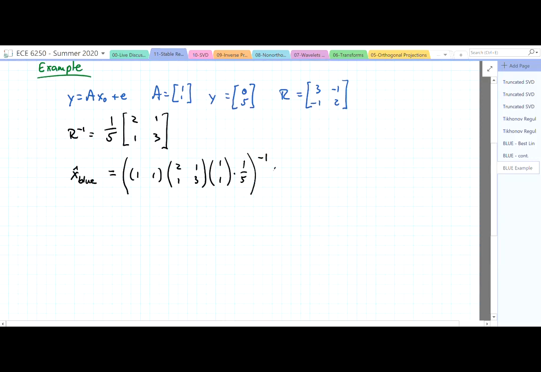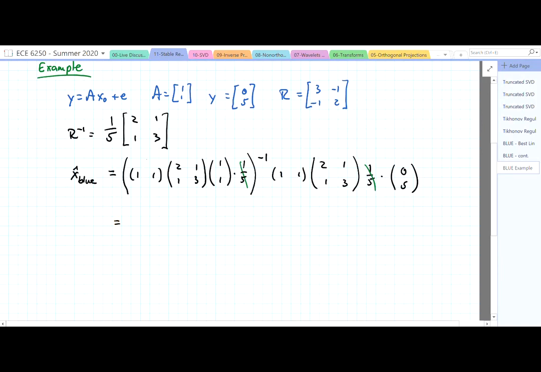All inverse times A transpose, which would be [1, 1], R inverse [2, 1; 1, 3] times 1/5, times y, [0, 5]. Okay, so that 1/5 and that 1/5 cancel because of the matrix inverse there. That pulls out.